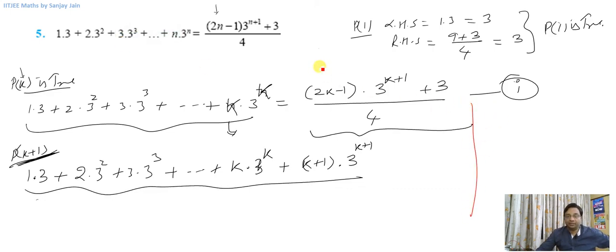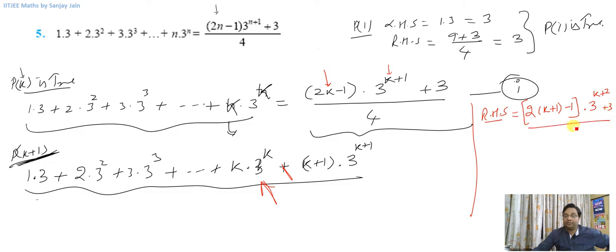On right hand side I require that these k's get replaced by k plus 1. So the right hand side that I want to achieve from this is 2 into k plus 1 minus 1, into 3 raised to power k plus 1 plus 1, that is 3 raised to power k plus 2, and then plus 3 divided by 4. This is something I want from this expression, right?